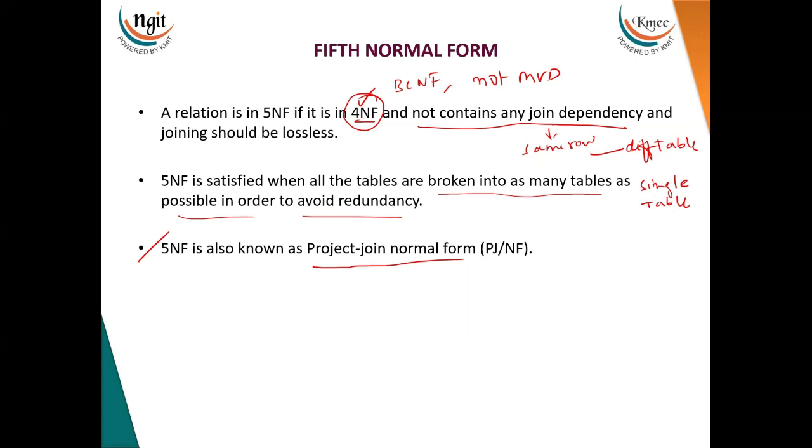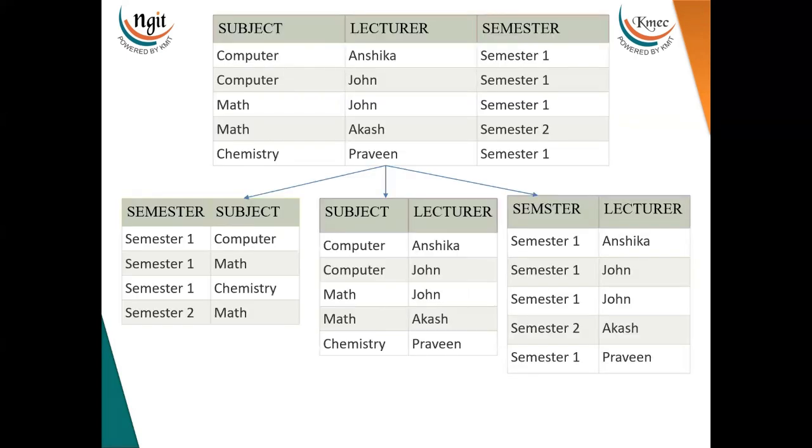Now let us take an example and illustrate what is fifth normal form. Here we have the original relation with three attributes, namely subject, lecturer, and semester. Here you can find that Mr. John is teaching two subjects, that is computer and math, for semester 1, right? Here the values are repeated for the lecturer column. Similarly, the values for the semester column are also repeated.